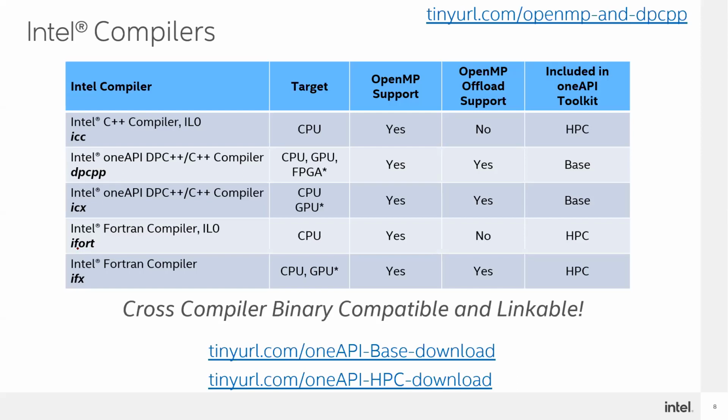Since all the compilers are cross binary compatible and linkable, you can do a lot of stuff. For example, you can compile your Fortran code and invoke some kernels which are written in DPC++ from your Fortran code.